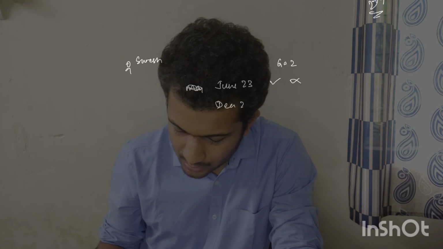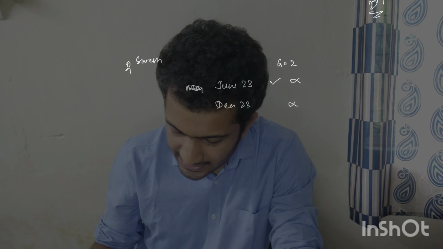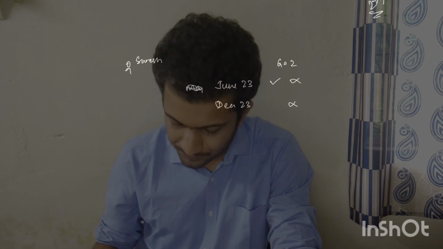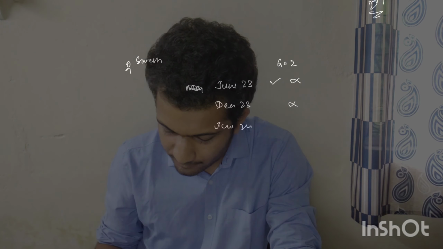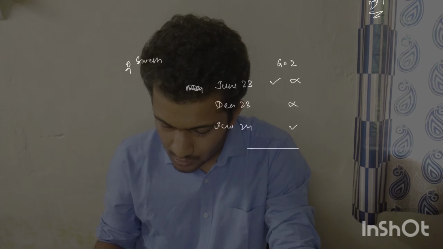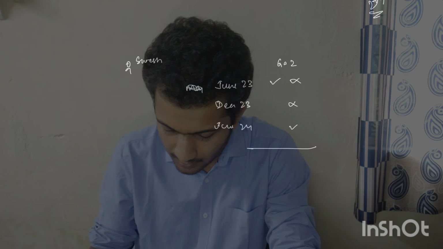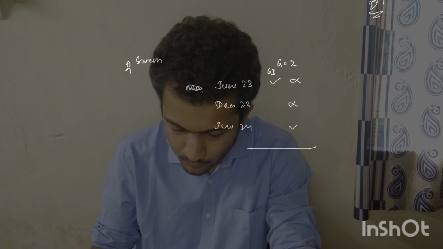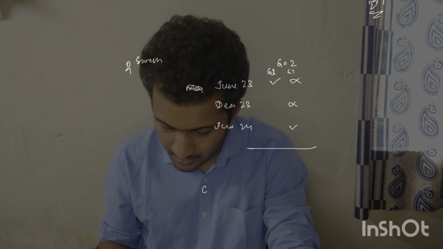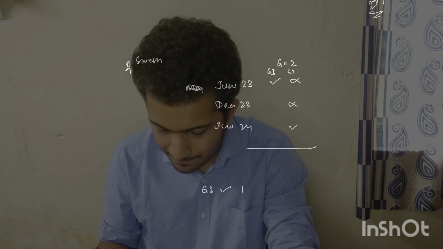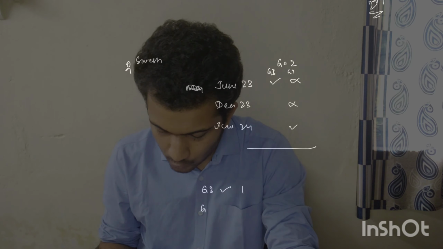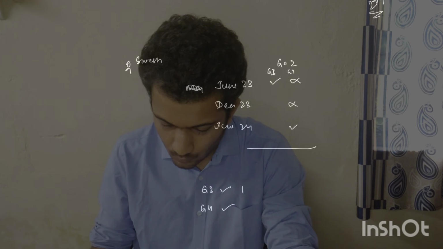In December 23, he gave another exam but still failed. And finally in June 24, he passed this exam. So whether it is group 1, group 2, group 3 or group 4, it will be said that for group 3 he passed in 1 attempt, and group 4 he passed in how many?